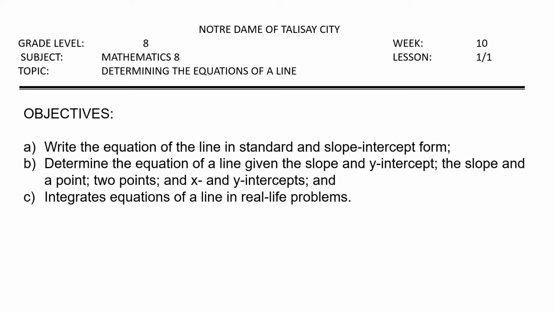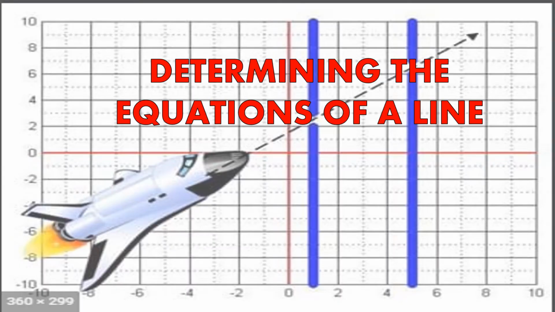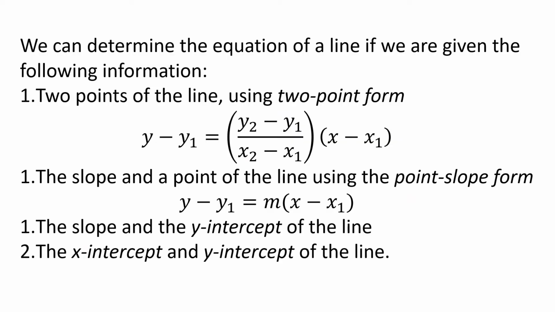So let's have here our topic. Our topic is determining the equations of a line. We can determine the equation of a line if we are given the following information.